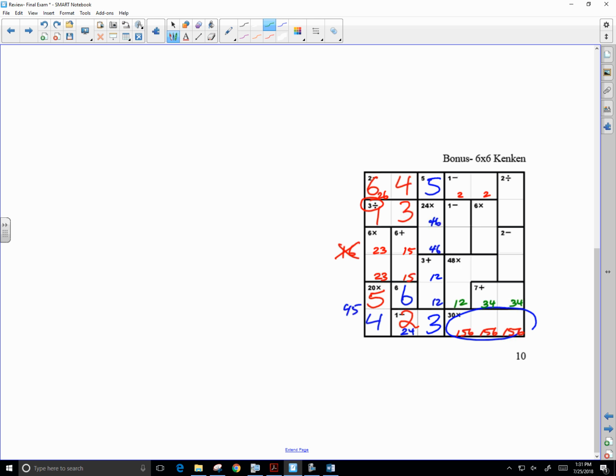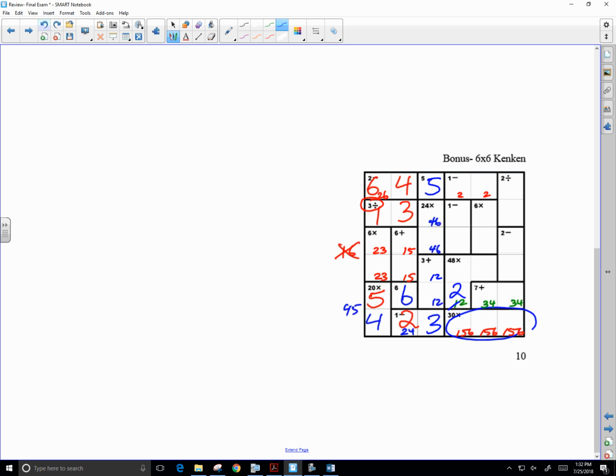If this is a 1, then somehow these two numbers have to multiply to equal 48. The smallest possible pairing that would get us to a 48 would be 6 and 8, but 8's outside the domain. So the 1's not going to fly. So it has to be a 2.